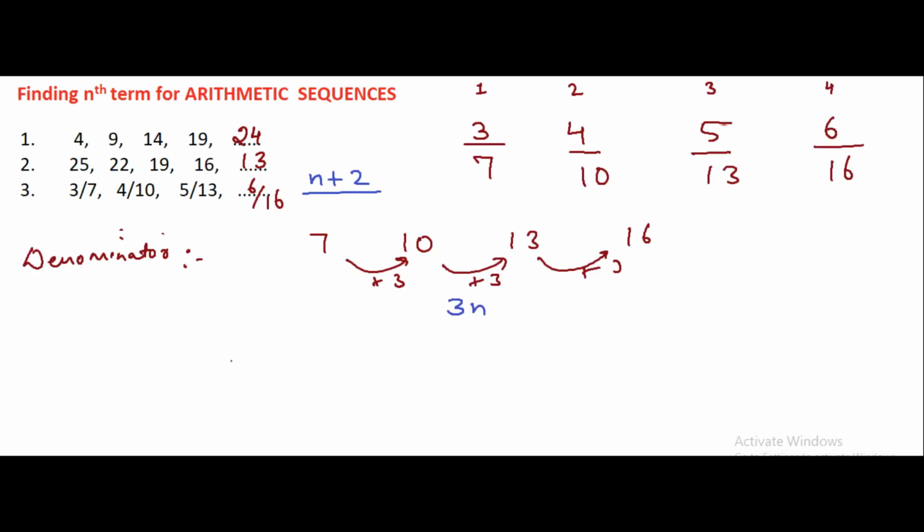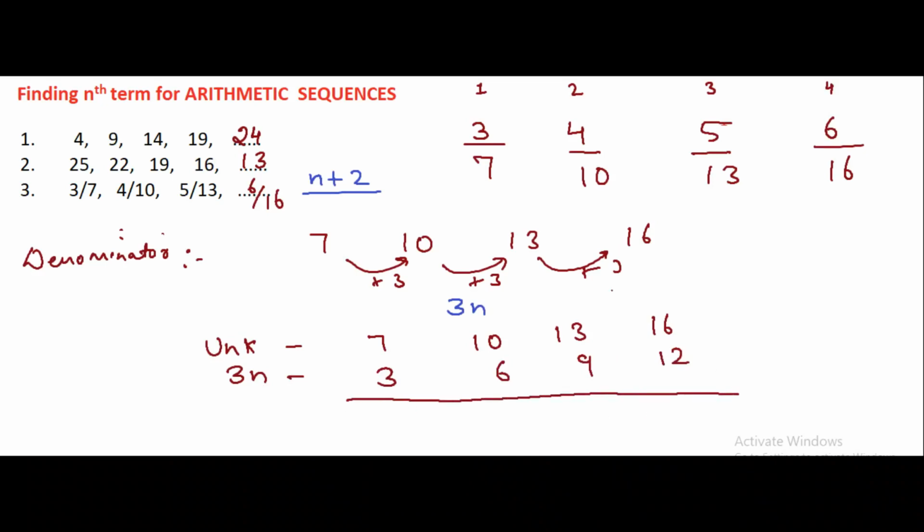Now after 3n, what do you have to do? You have to follow the same procedure: unknown and 3n. So unknown will be 7, 10, 13 and 16, whereas 3n would be 3 times 1 is 3, 2 is 6, 9 and 12. When you see the difference between these, you just have to subtract these numbers.